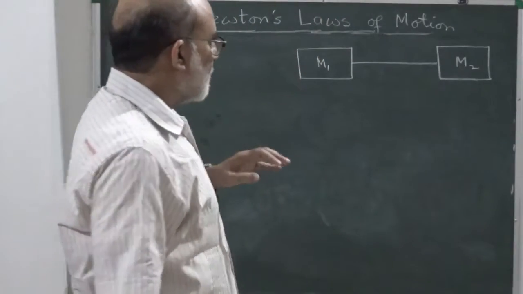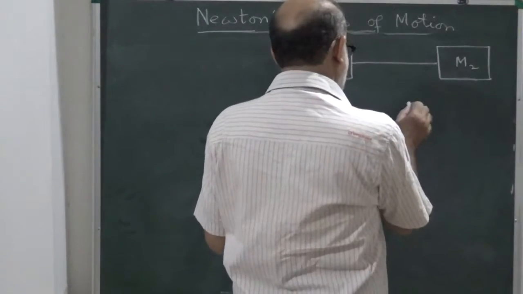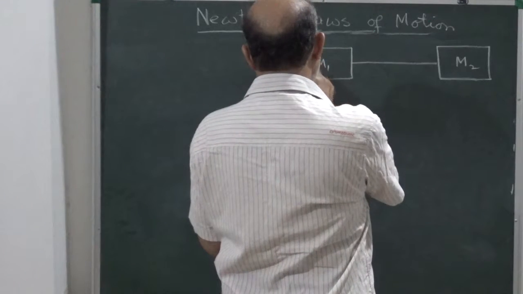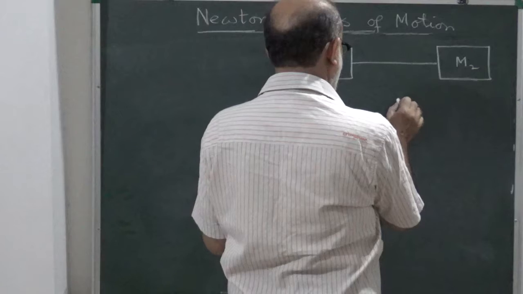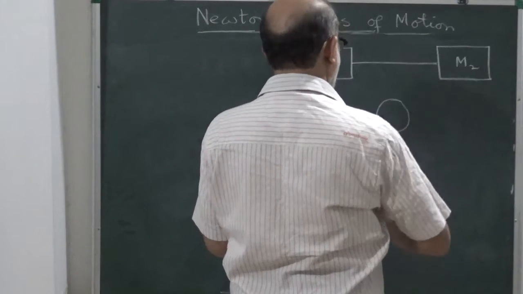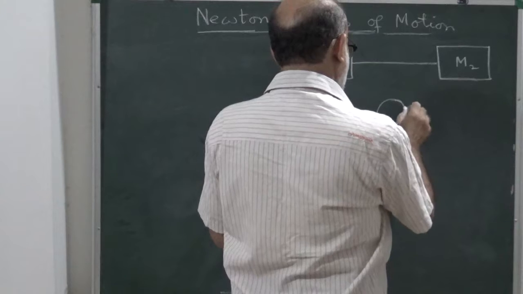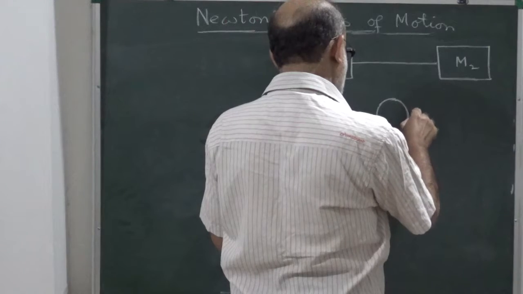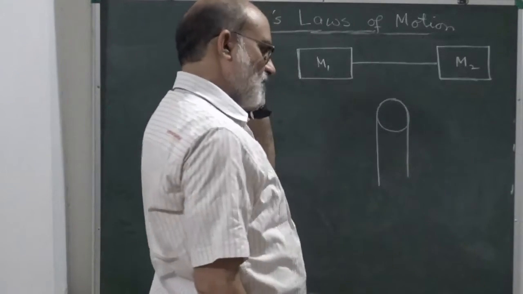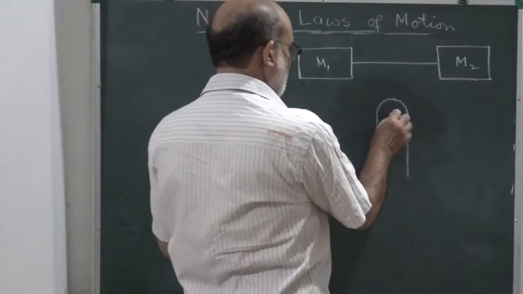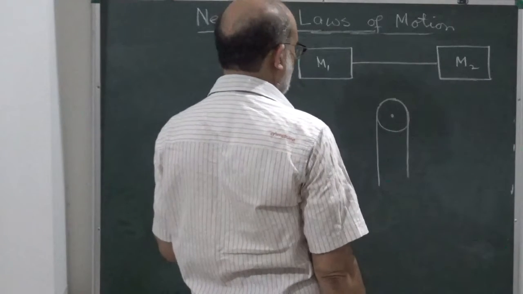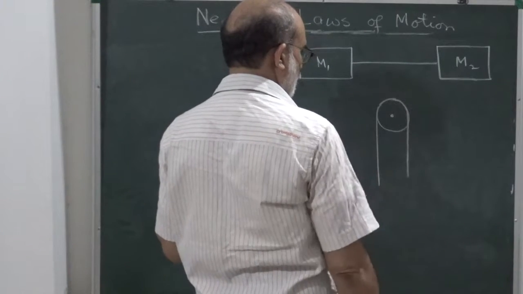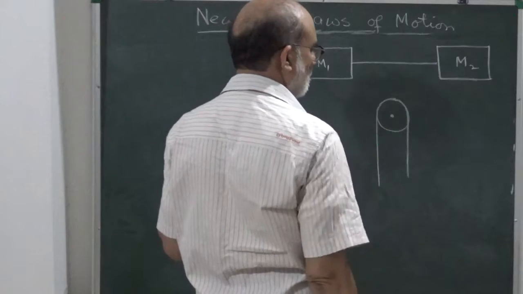Now suppose we have a pulley and these are the strings. And suppose the pulley is smooth without any friction, and the ropes are massless as it is here.